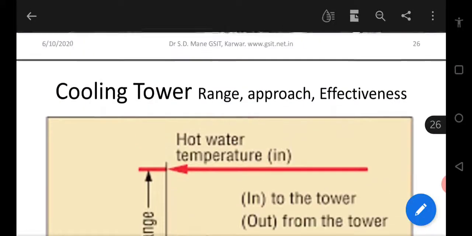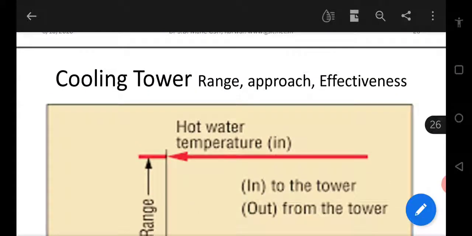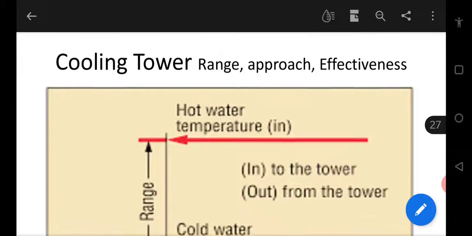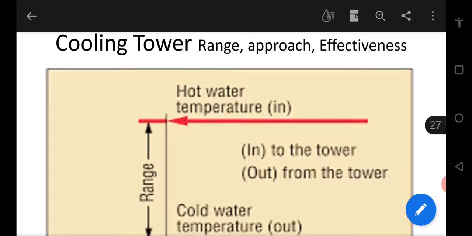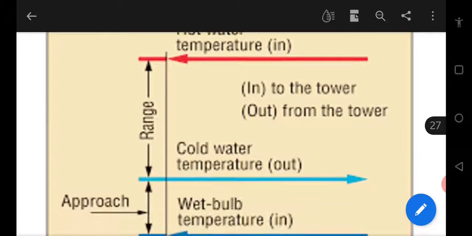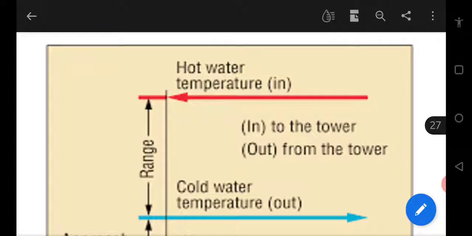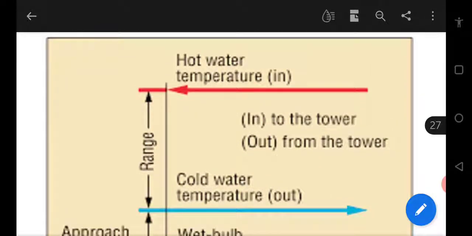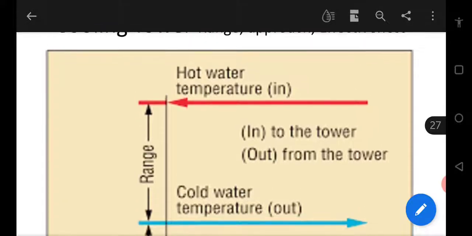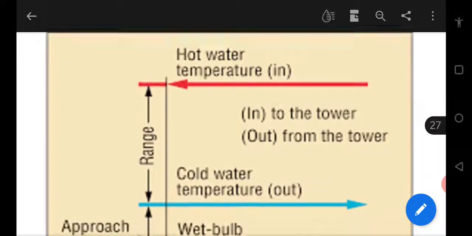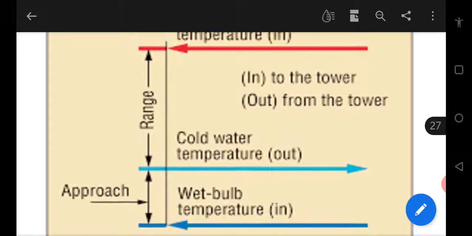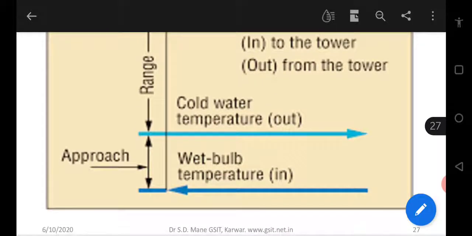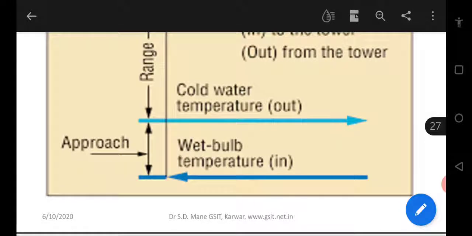And now, what is in the cooling tower? What is the range, approach, and effectiveness? The three terminologies used. Simple. Range is the hot water inlet temperature minus the cold water temperature going out. So in and out, the difference. Around 5 to 6 degrees will be the range. So the water will be cooled by this range. Then what is the approach? The approach is the difference between the cold water outlet temperature from the cooling tower and the wet bulb temperature.